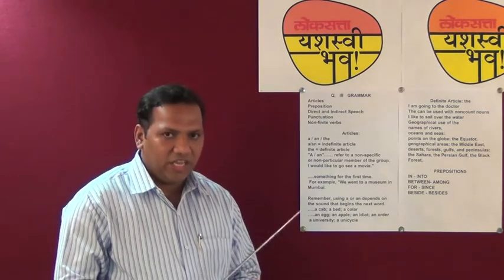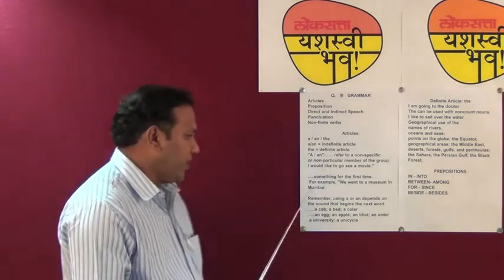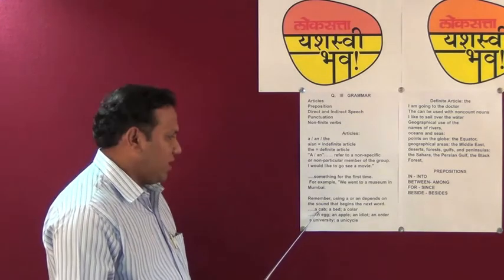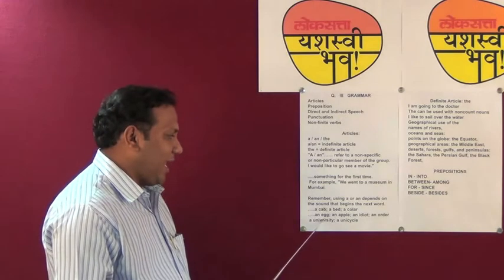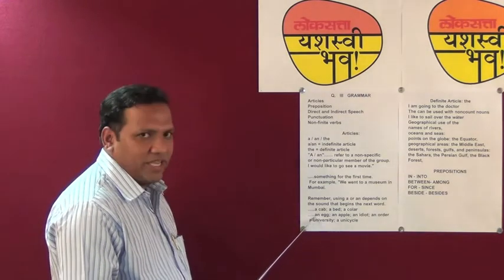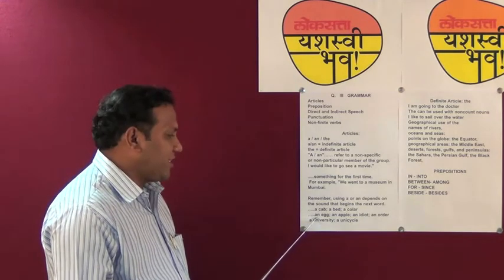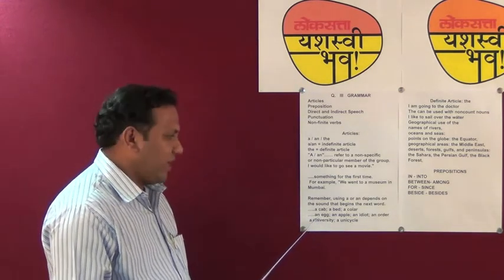So an is always written in front of the sound of a, e, i, o and u. Here are examples: a cap, a bed, a collar, then an egg. Even though the letter E is placed in front of it, it indicates that it sounds E. That's why it is an.